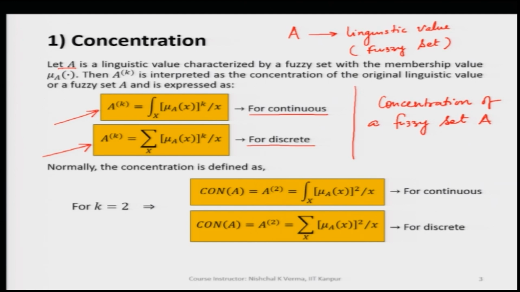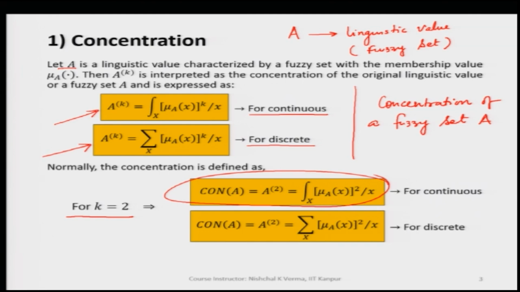So, if nothing has been mentioned, we can simply take the value of k as 2. When we substitute k equal to 2, this is what we get for continuous membership concentration.